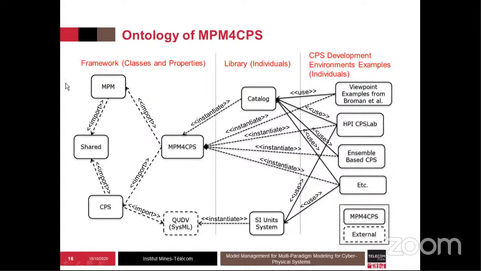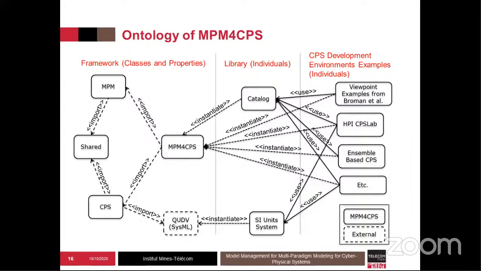In order to better come up with this classification, we considered a number of example cyber-physical systems development environments. For example, one of them is the Cyber-Physical Systems Labs that we have at the Hasso-Plattner Institute, where we basically develop robots.